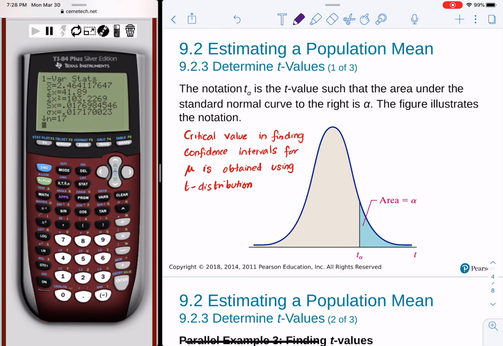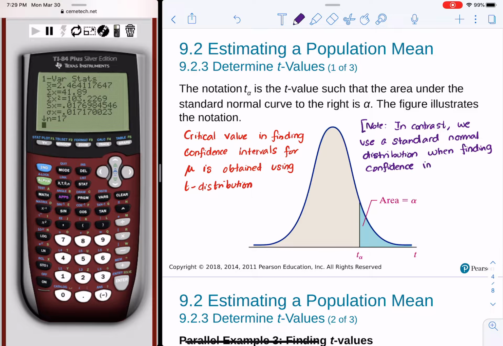I'll put a note here. In contrast, we use a standard normal distribution when finding confidence intervals for population proportion p.